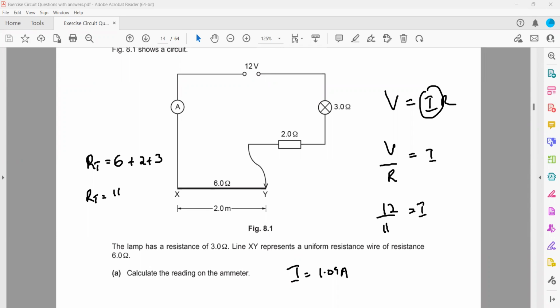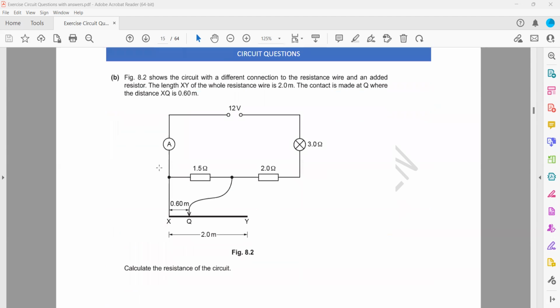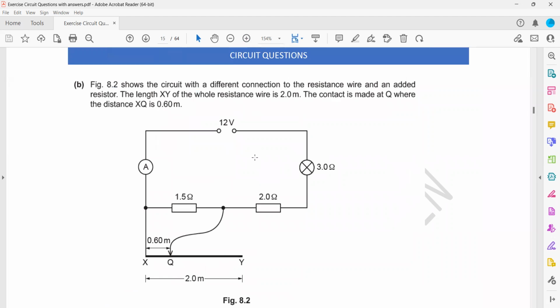Then the next part of the question, this is question number 6 we are doing. The next part, figure 8.2 shows a circuit with a different connection.